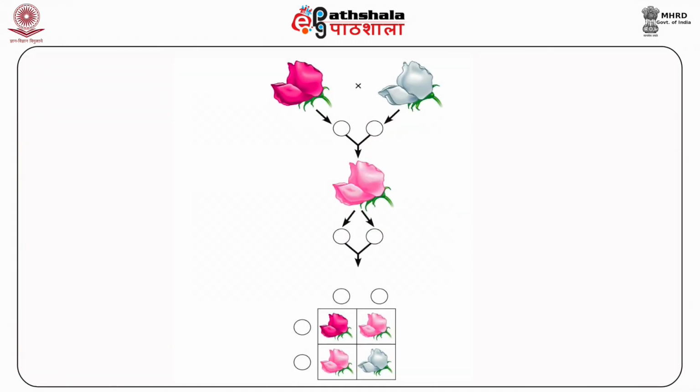When plants of the F1 generation are self pollinated, the phenotypic and genotypic ratio of the F2 generation will be 1 is to 2 is to 1, that is, red, pink, and white for both generations.